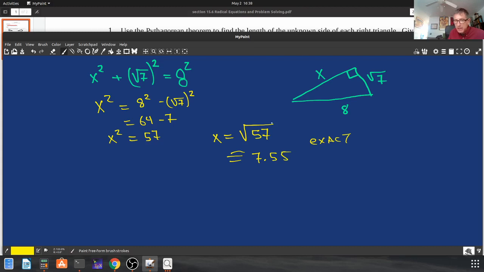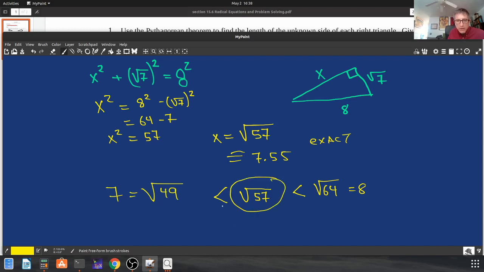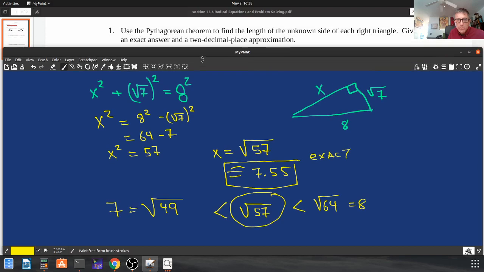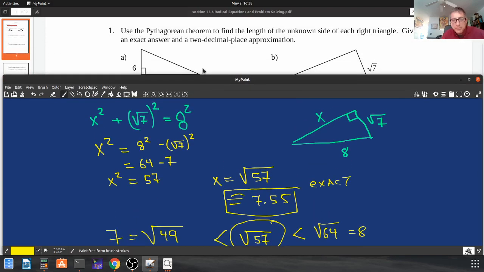But notice we can kind of know that the square root of 57 is going to be less than the square root of 64, which is 8, and it's going to be greater than the square root of 49, which is equal to 7. So my answer is going to be some number greater than 7 but less than 8, and right there I have the answer to the 100th place.